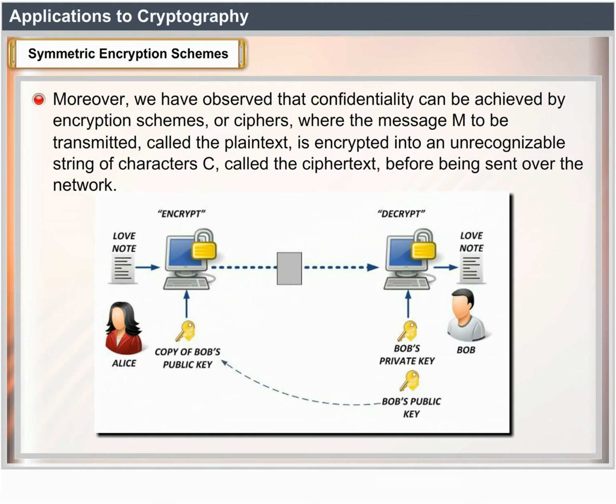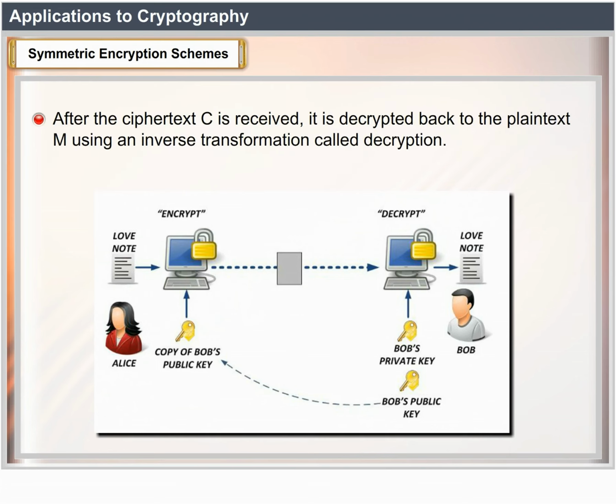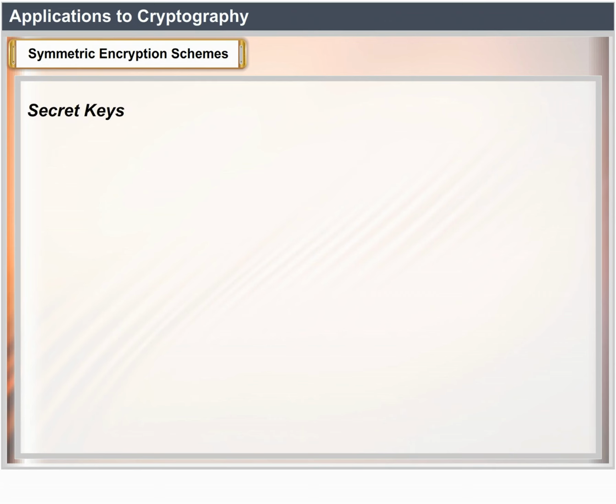Moreover, we have observed that confidentiality can be achieved by encryption schemes or ciphers, where the message M to be transmitted, called the plain text, is encrypted into an unrecognizable string of characters C, called the ciphertext, before being sent over the network. After the ciphertext C is received, it is decrypted back to the plain text M using an inverse transformation called decryption.